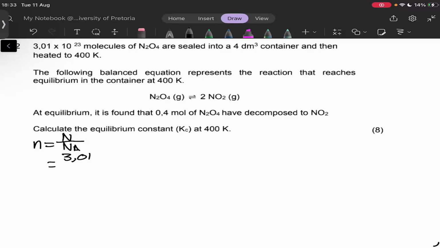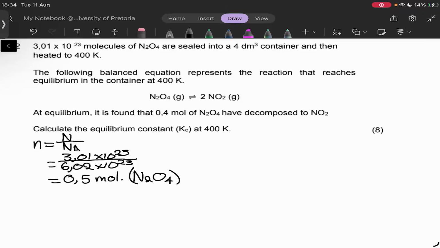If I substitute in the appropriate values, I will then have 3,01 times 10 to the power of 23 all over 6,02 times 10 to the power of 23. Cool. If I simplify this, I then end up with 0.5 moles of N2O4.